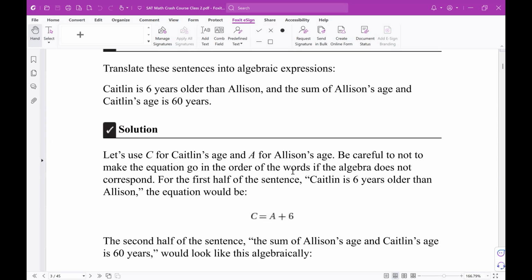I hope you got it, and that will help you break down problems, because you can easily figure out what each variable is representing.